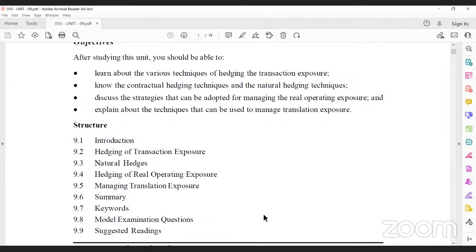These are the types of hedging strategies which are adopted in order to manage the exposures which we learned in the previous session. Then we have techniques that can be used to manage translation exposure.